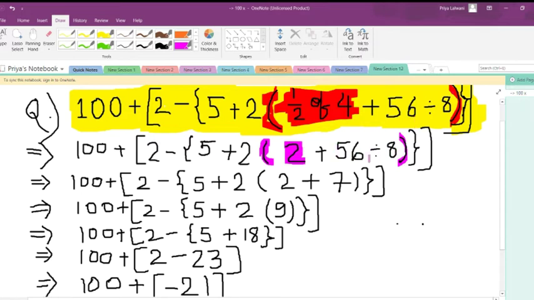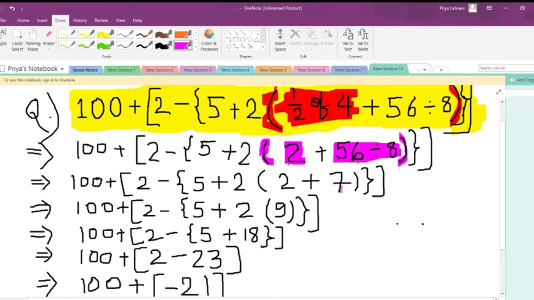Don't make the mistake of doing 2 plus 56. No, this is wrong. BODMAS rule says that first division, then it will come to addition and multiplication. So first you have to divide. So 56 divided by 8, 7 will come, right?